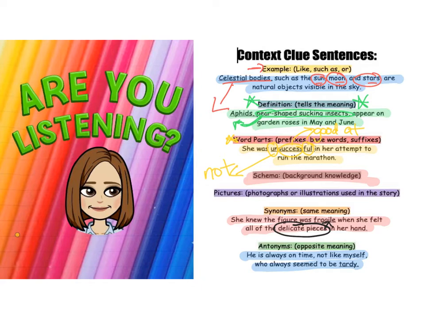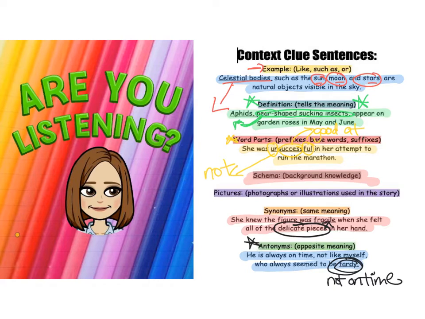We talked about how antonyms create the opposite or a contrast. So tardy, he's always on time, not like myself, who always seems to be tardy. So tardy means not on time. And I know that because the author gave me the opposite of that in the sentence, or an antonym clue.